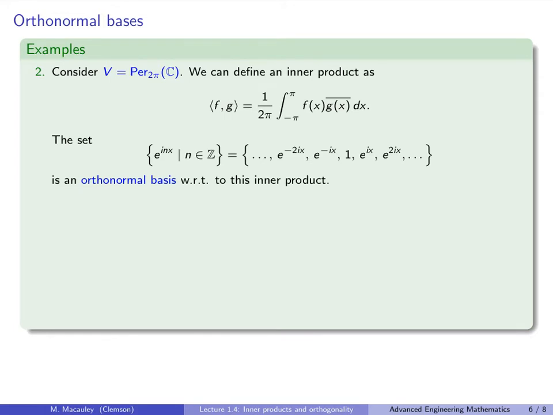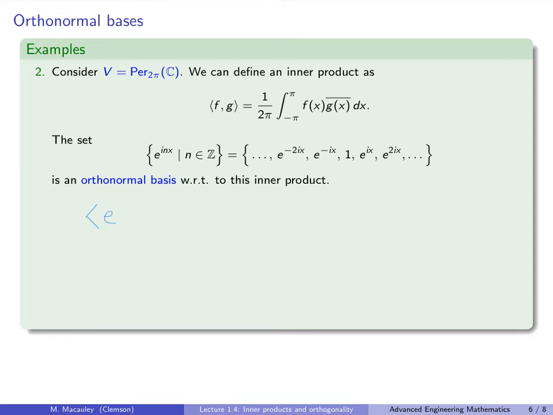So why is that? That's not a magical statement to say. We can verify that. Let's check. Take the inner product of any two of these guys. We have to check that that is 0 if n and m are different, and 1 otherwise.